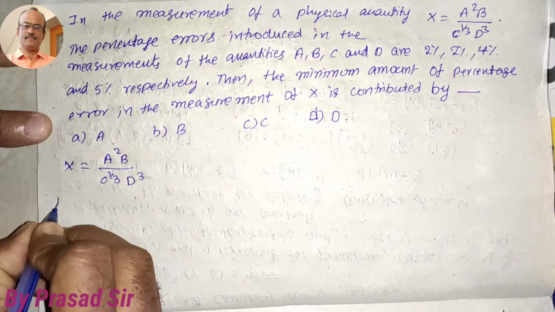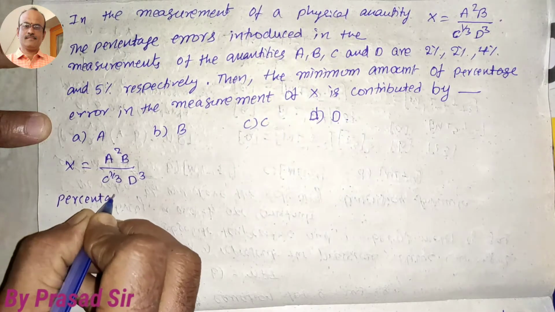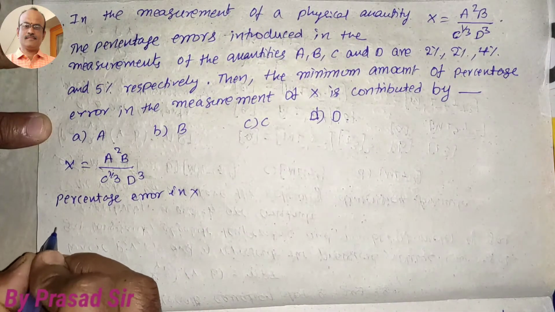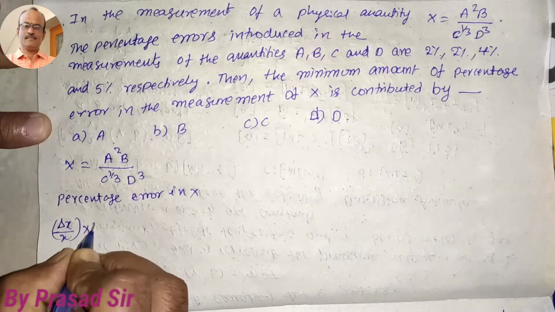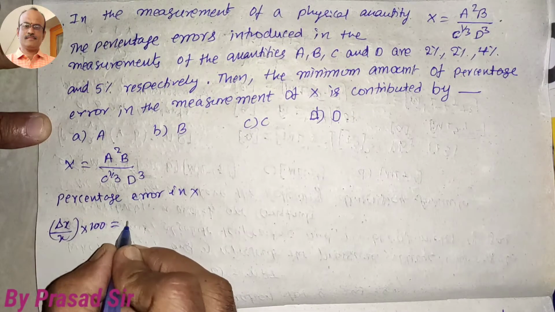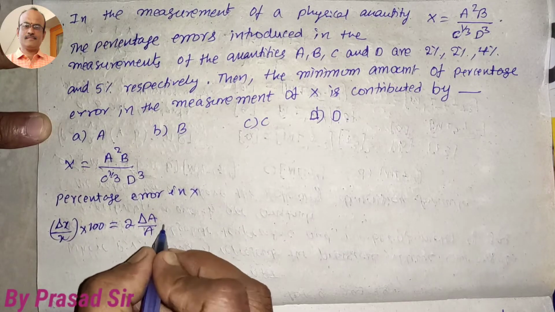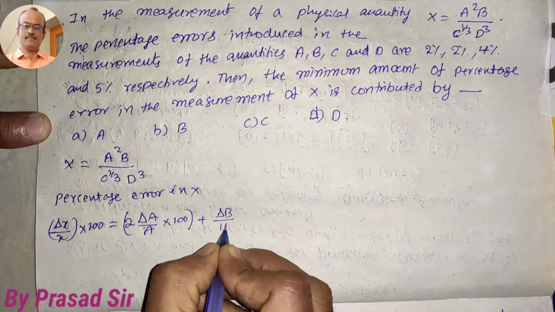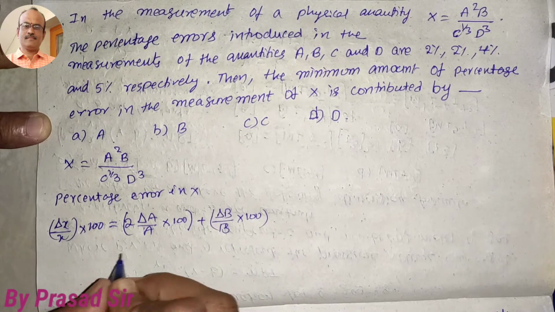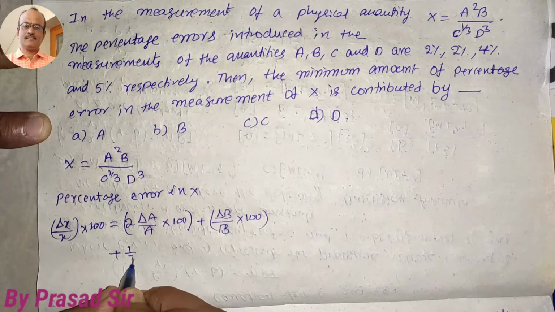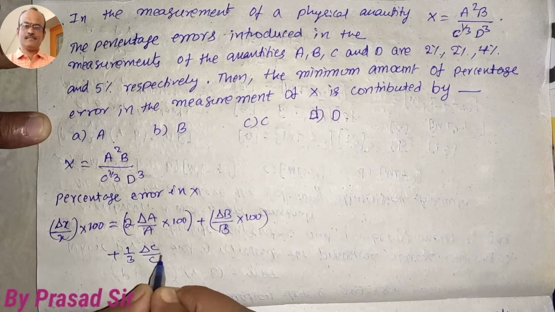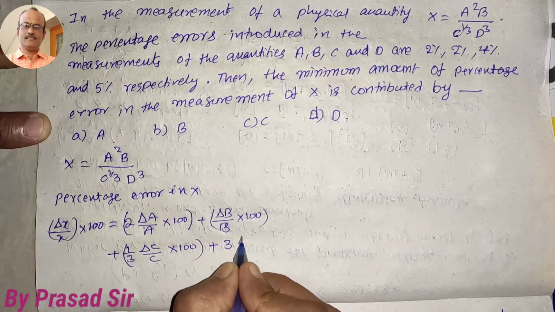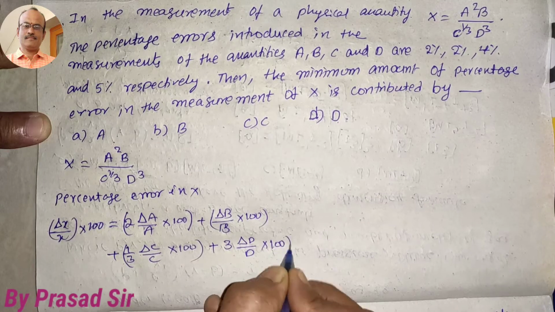First of all, we will write the percentage error in x like this: Δx/x × 100 is equal to, for a squared, 2 Δa/a × 100, plus Δb/b × 100, plus, division also becomes plus, 1/3 Δc/c × 100, plus 3 times Δd/d × 100.